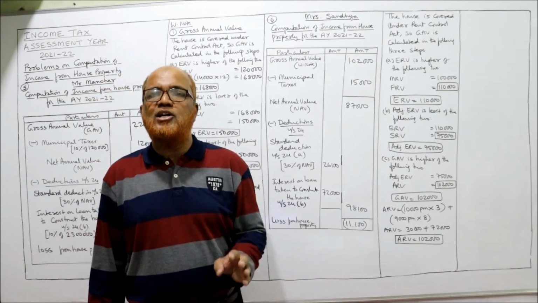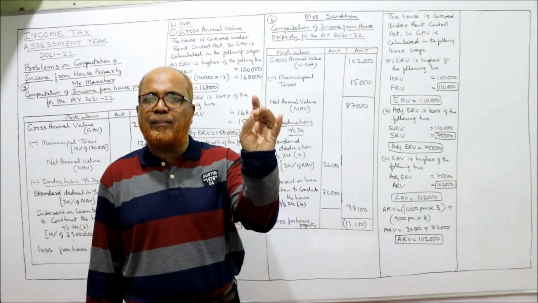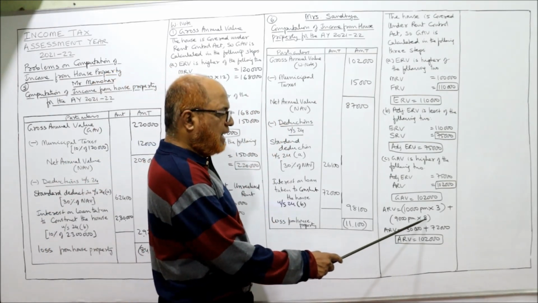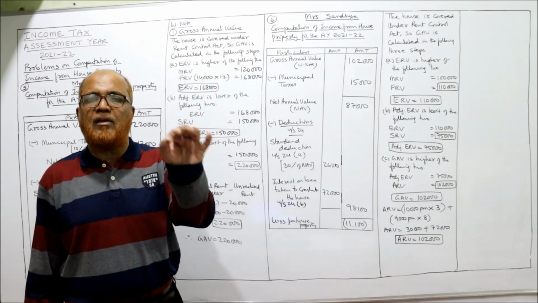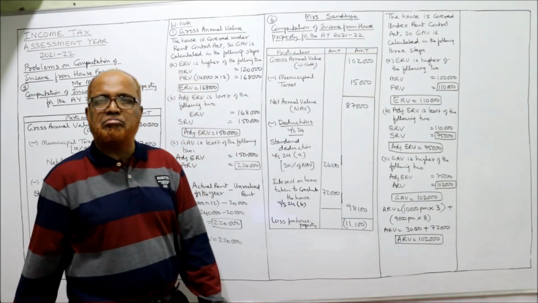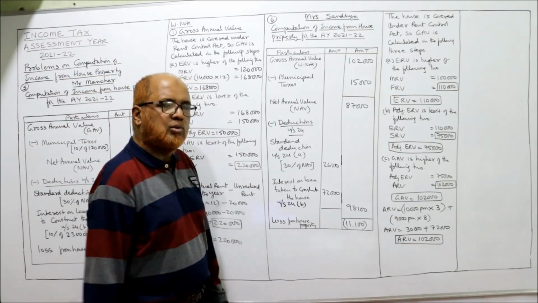She has paid 8 months, August, September, October, November, December, January, February, March. 8 months. So 9,000 into 8, 72,000. So total 1,02,000 is the ARV. Now whichever is higher, 75,000 or 1,02,000? 1,02,000 is higher. So GAV we got 1,02,000.